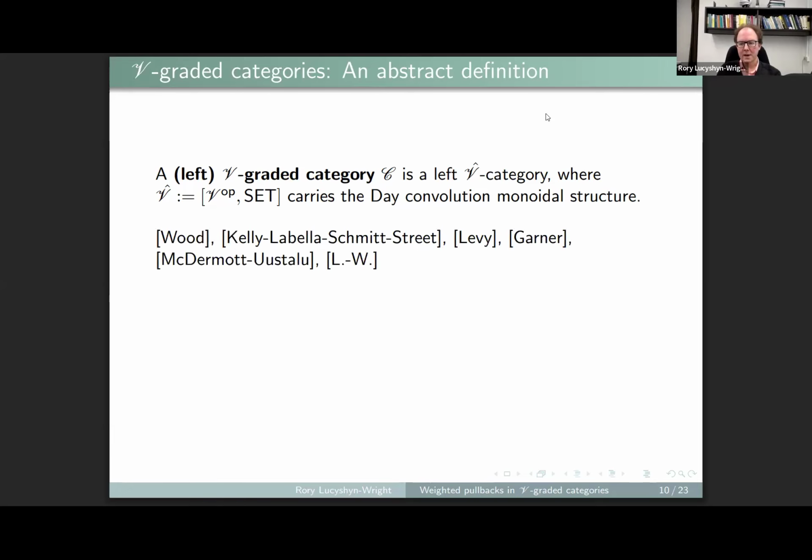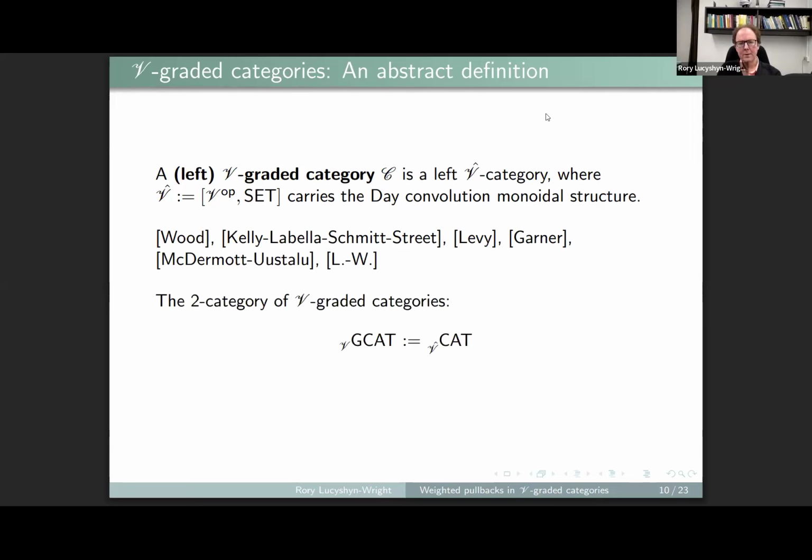And these have been studied by a number of authors. They were introduced by Richard Wood and have been studied by Kelly, Labella, Schmidt, and Street, and Paul Levy, Richard Garner, McDermott and Uustalu, and me in a recent paper.